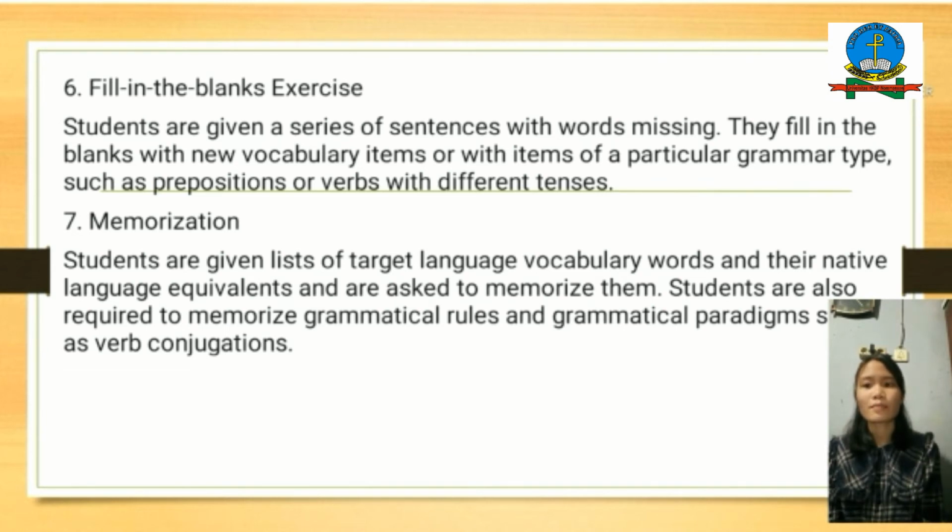Number 7 is memorization. Students are given lists of target language vocabulary words and their native language equivalents and are asked to memorize them. Students are also required to memorize grammatical rules and grammatical paradigms such as verb conjugations.